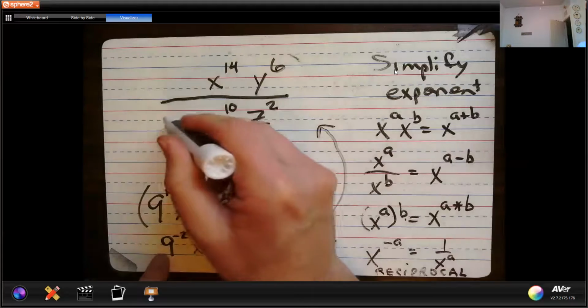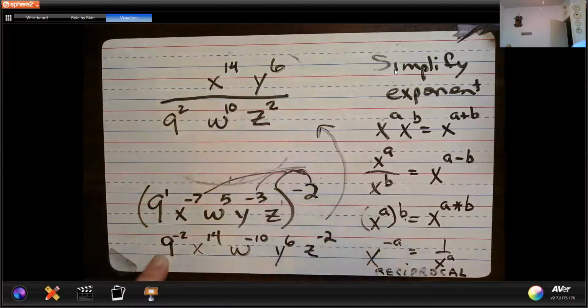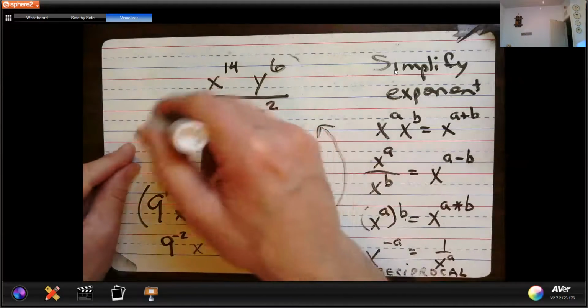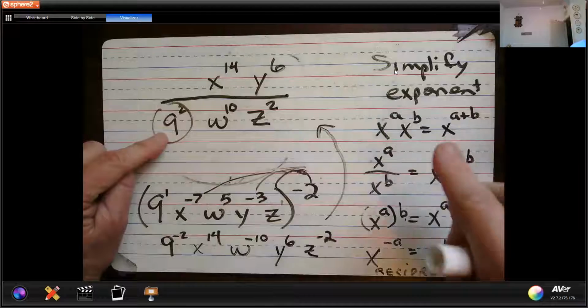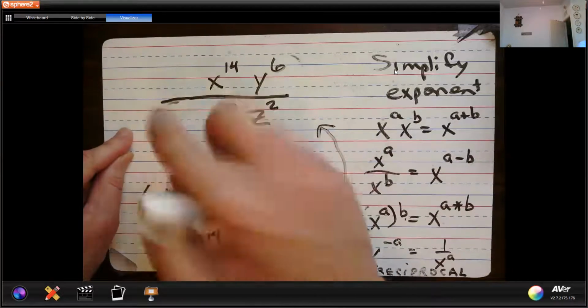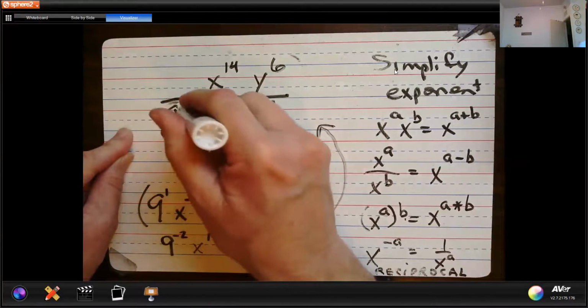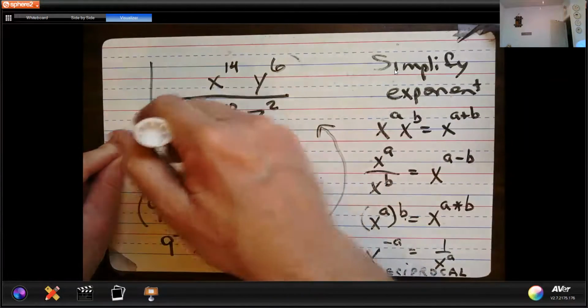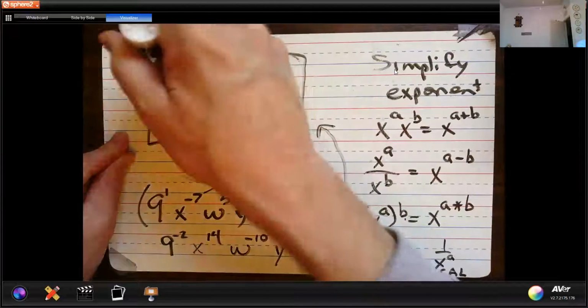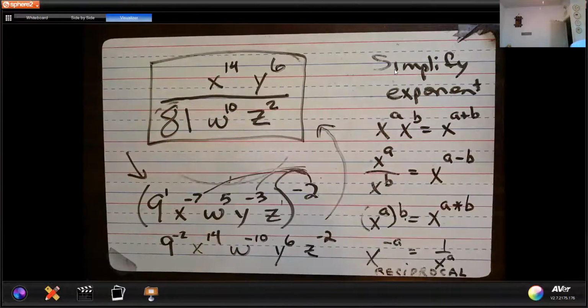And then 9 squared is in the bottom, that's the answer. Well, no, I can figure that out. What's 9 squared? 9 times 9? That's 81 in the bottom. Ta-da! This is the answer to that question.